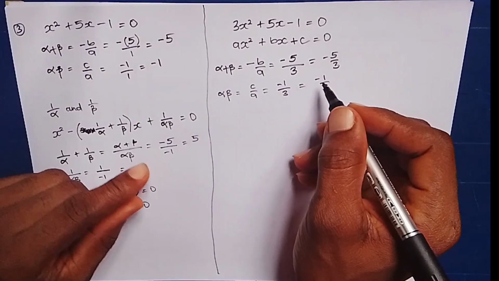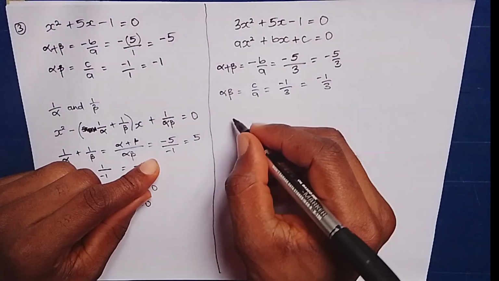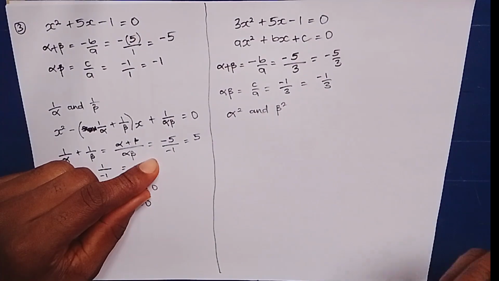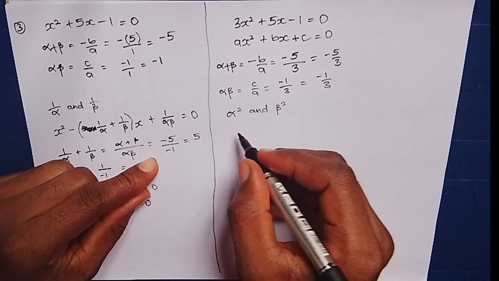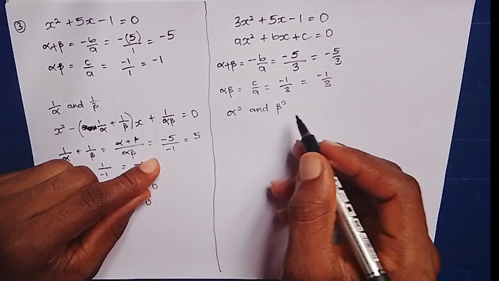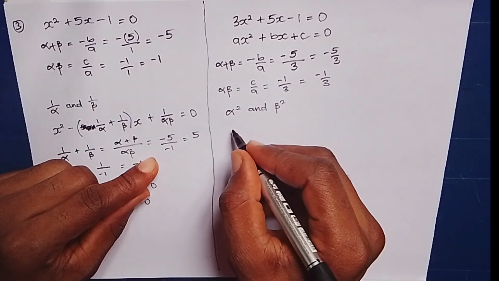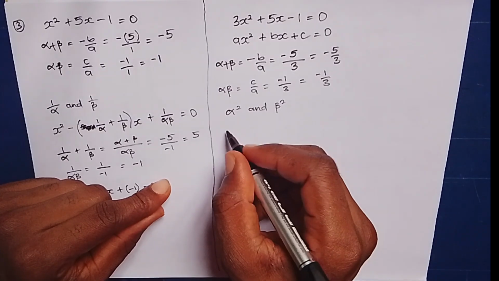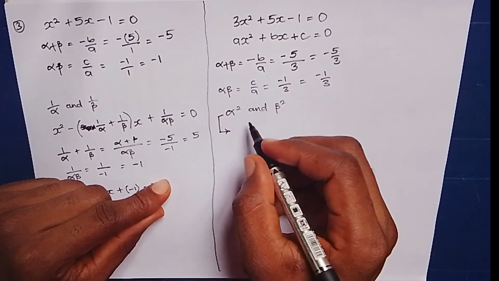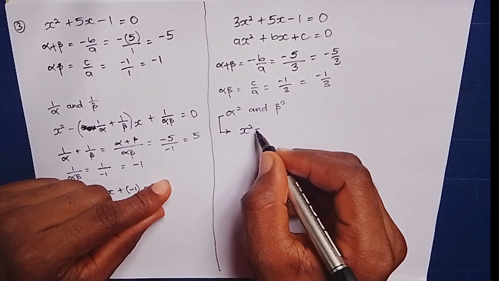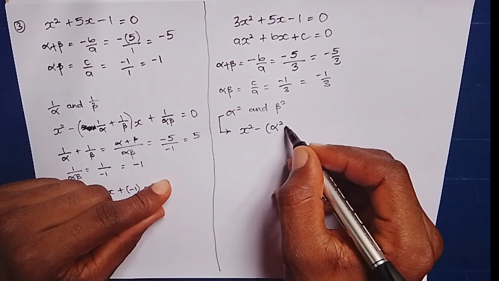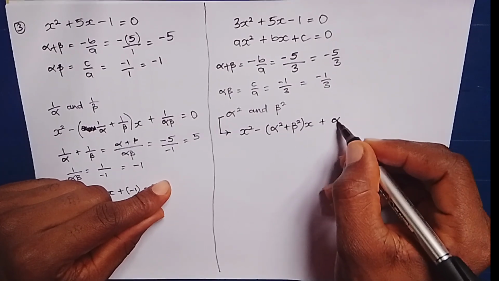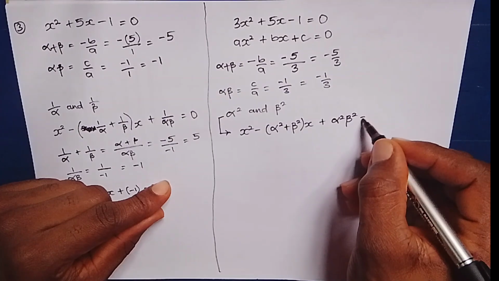Now they say we have to form the equation whose roots are alpha squared and beta squared. Remember, for an equation whose roots are alpha squared and beta squared, the equation formed will be x squared minus alpha squared plus beta squared x plus alpha squared beta squared equal to 0.